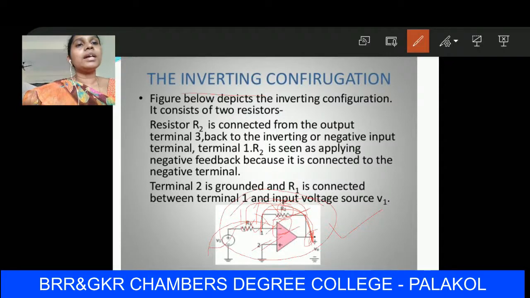Because the output, that is terminal number 3, is fed back to terminal number 1. This terminal number 1 is the inverting terminal. Inverting means negative terminal. So that's why it is a negative feedback amplifier.